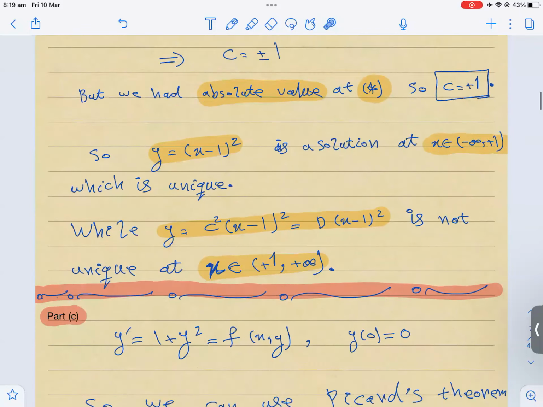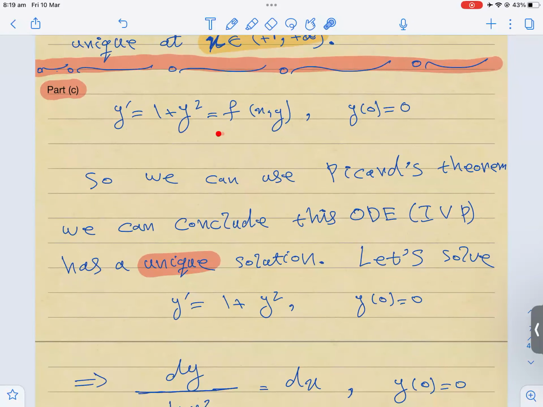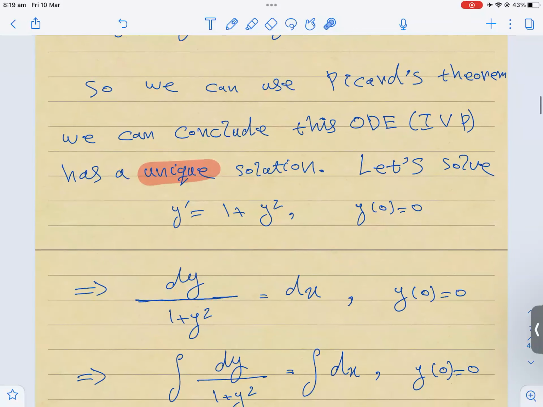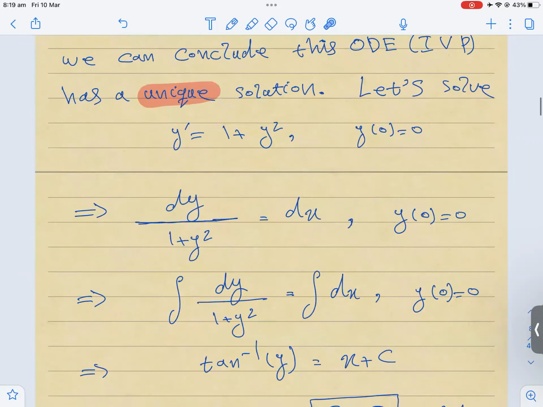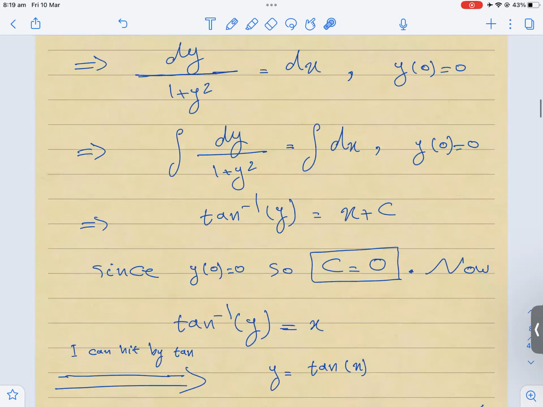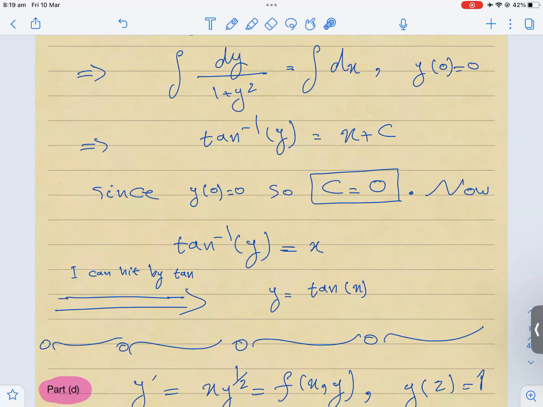All right. Part C, y prime is this one, and I can use Picard's theorem and obtain that this is a unique solution. Very easy. It's separable, so I can separate everything, with the initial condition, integrating both sides of the ODE. So I will get tan inverse of y equal x plus c. Okay, tan inverse of y, we don't need; if I hit by tan, I will get y equal tan of x.